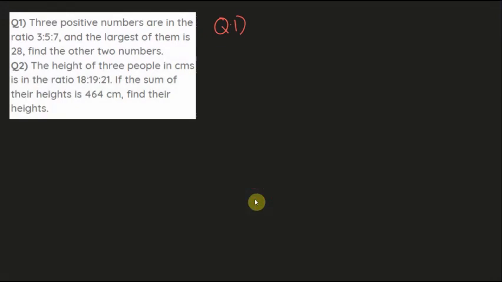What we've learned previously is that when the ratio of the numbers is 3:5:7, the numbers will be 3n, 5n and 7n.